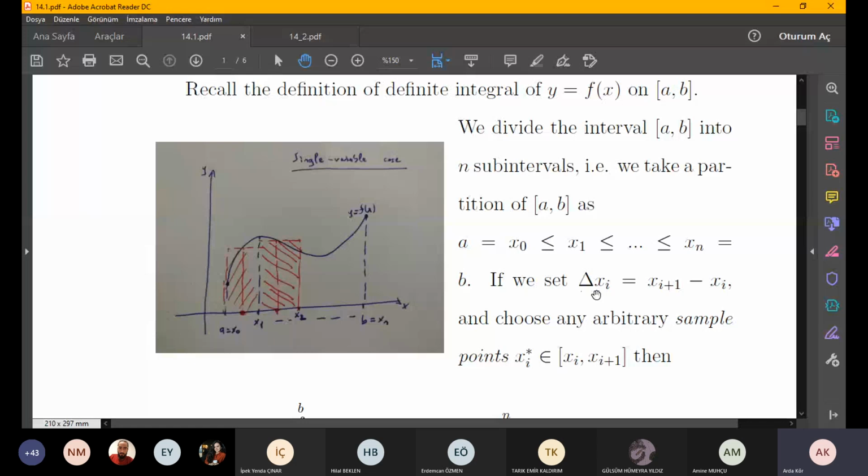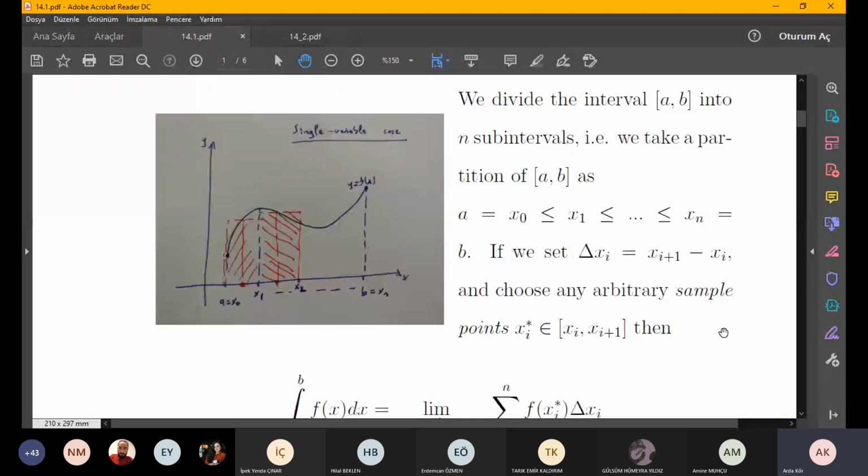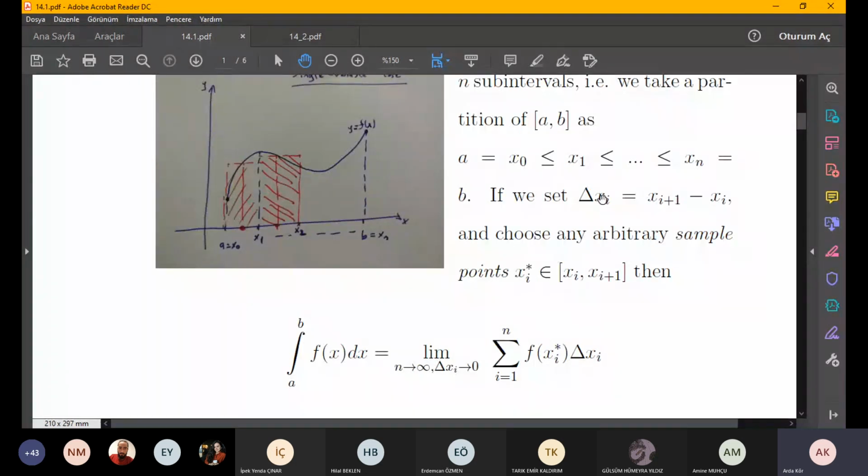And suppose this is delta x0, the length of the first subinterval, and if you pick any value in between those two values, x0 and x1 respectively, that can be, for example, this point. Suppose this is xi star, in any subinterval x(i+1).